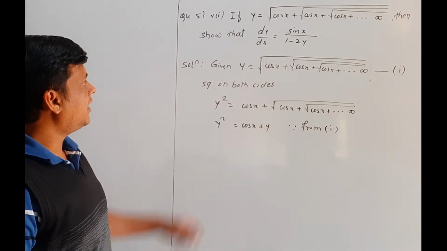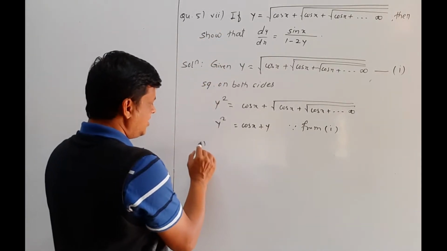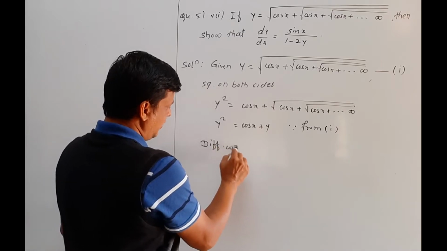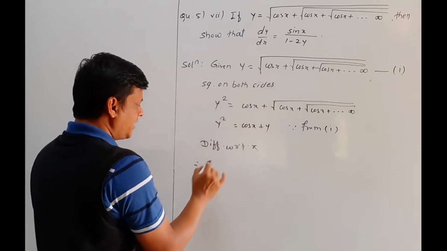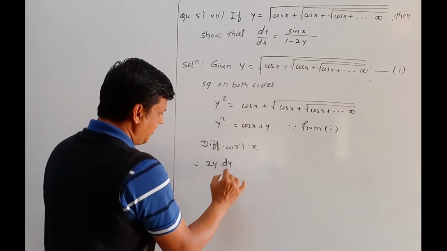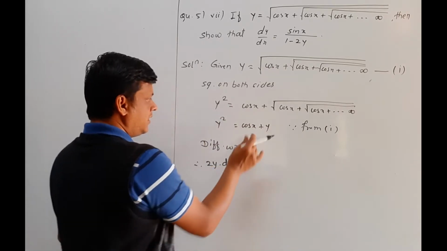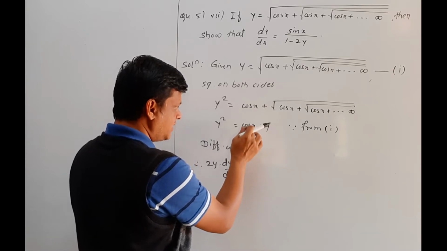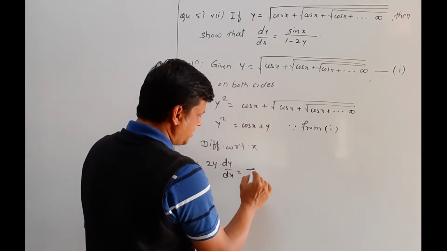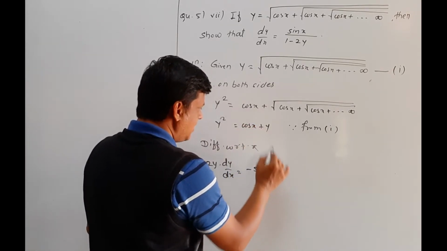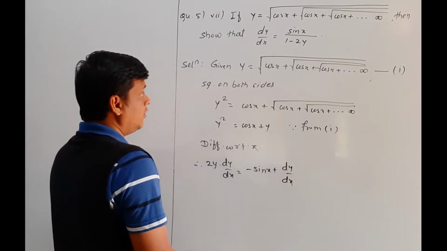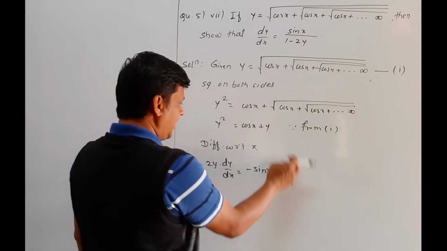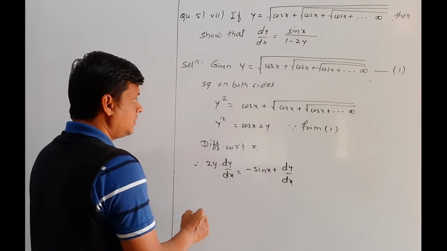We require dy by dx, so differentiate with respect to x. So we get here the derivative of y square as 2y into dy by dx. Here we have to apply the addition rule, that means the derivative of the first term, the derivative of cos x, is minus sin x, and the derivative of y is dy by dx. Now transfer this dy by dx to the left hand side.